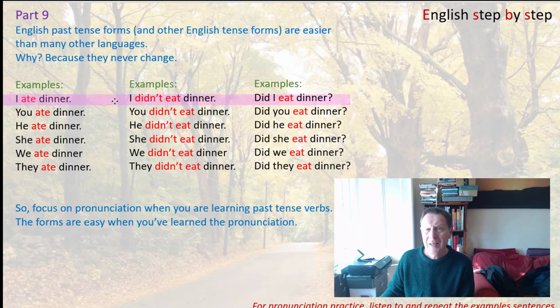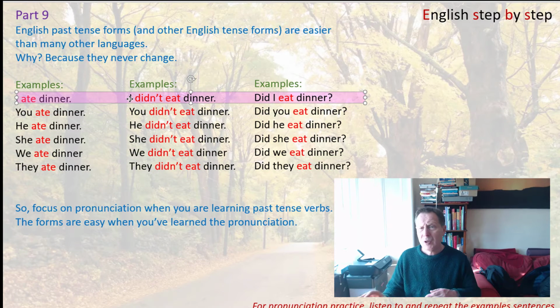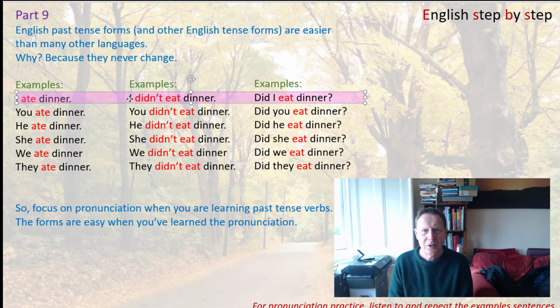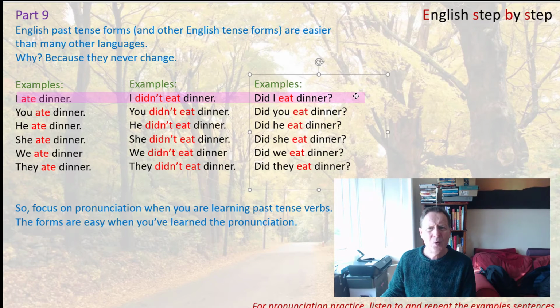I didn't eat, you didn't eat, he didn't eat, she didn't eat, etc. And it's the same with the questions. You use the inversion, of course, but the form doesn't change. Did I eat? Did you eat? Did she eat? Did he eat? Etc. So, if you look at the form, you can really see that it's quite basic and quite simple.